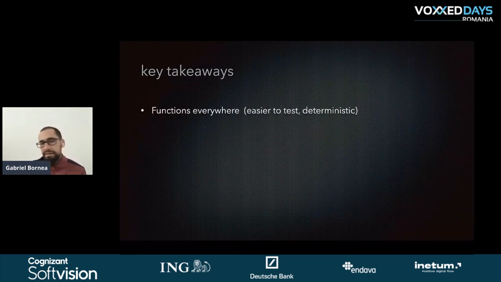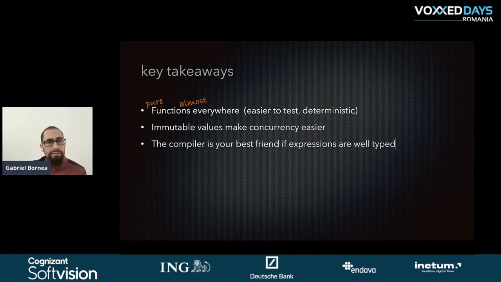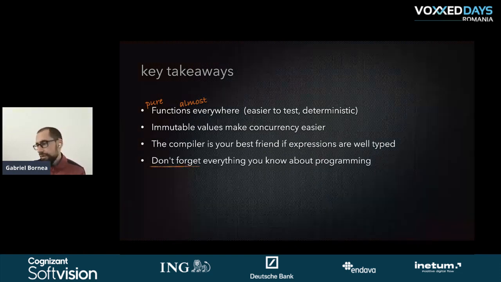So the key takeaways from this talk would be: try to use pure functions almost everywhere, because pure functions are deterministic and a lot easier to test. And yeah, as I've said in the beginning, they remove a lot of the headache we get at runtime.